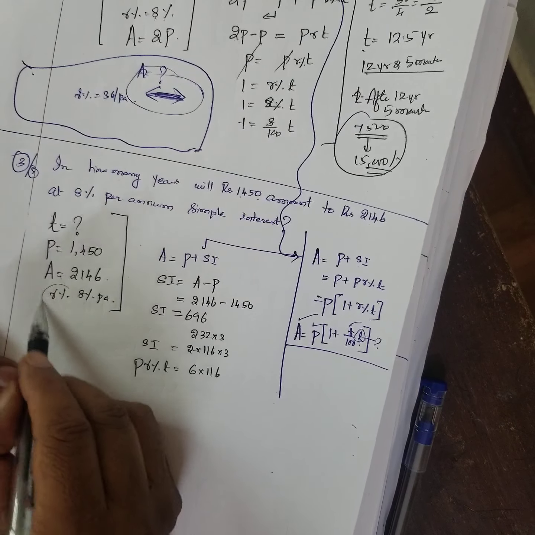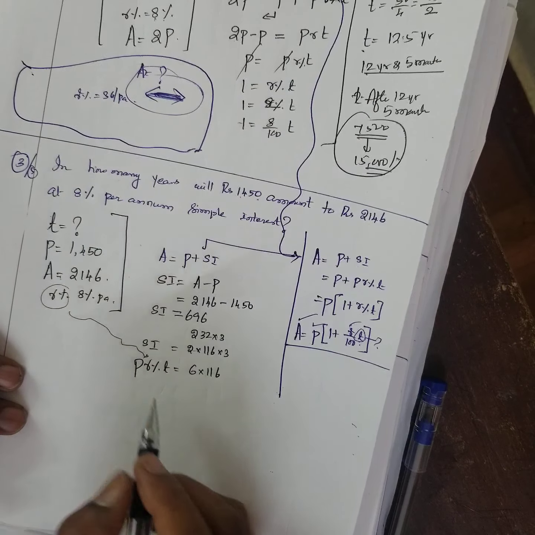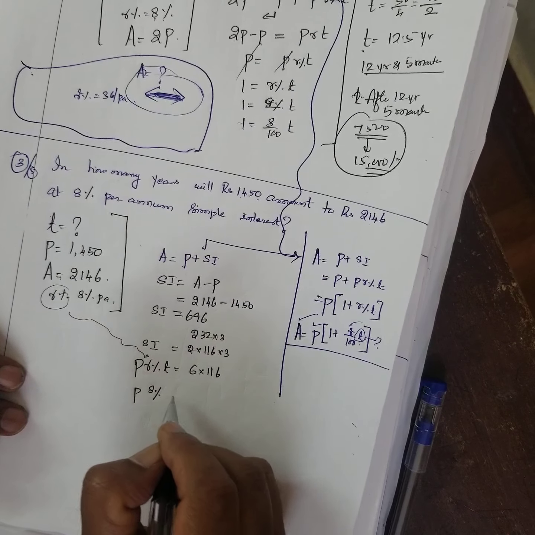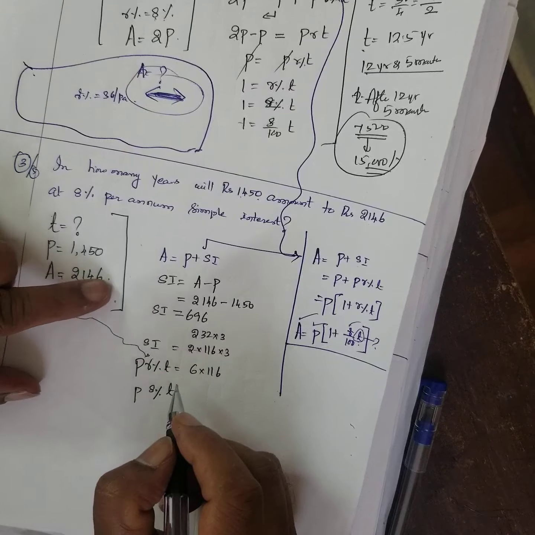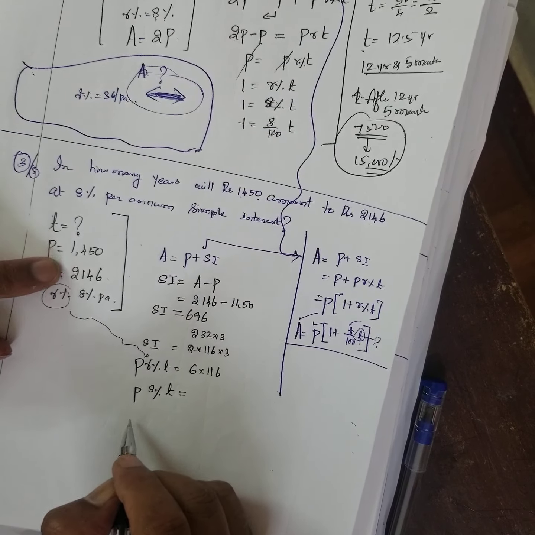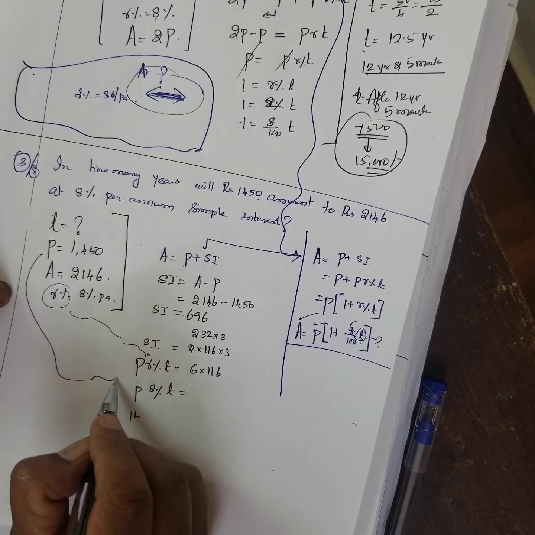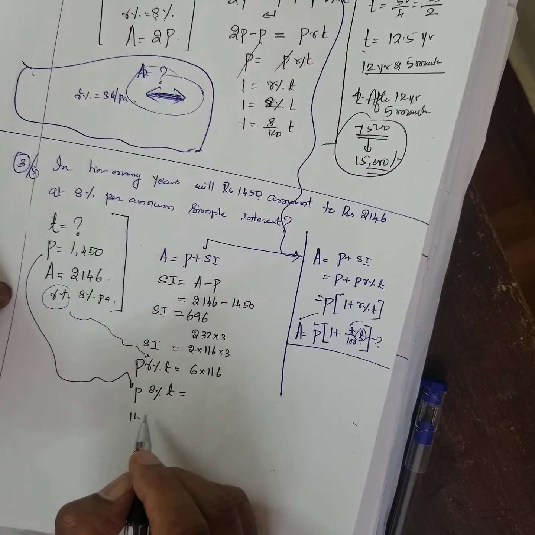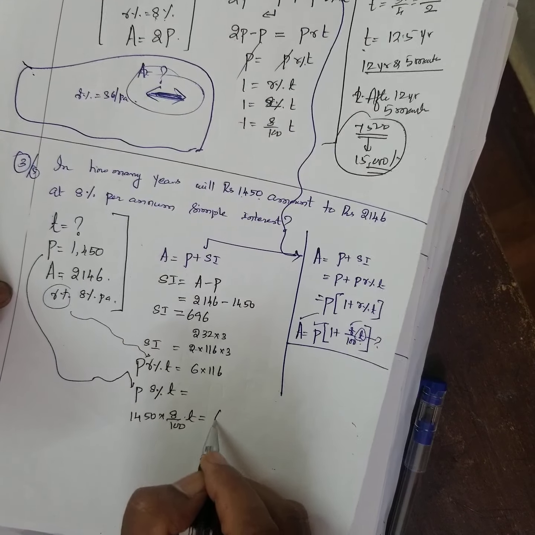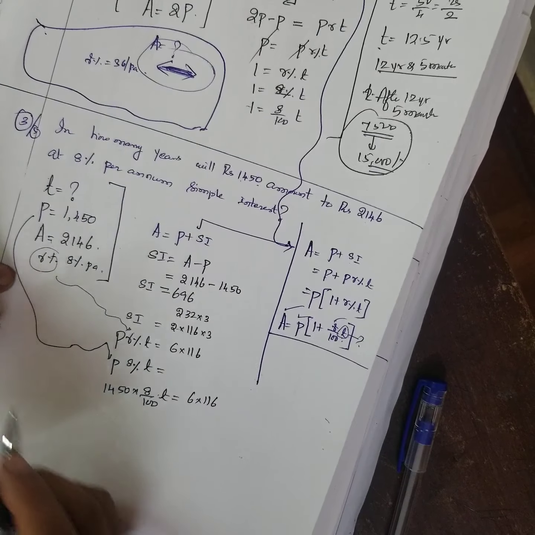Here what is the rate of interest? 8%, right? P into 8% into T. What is P? P is 1450. 8 by 100 into T is equal to 6 into 116.